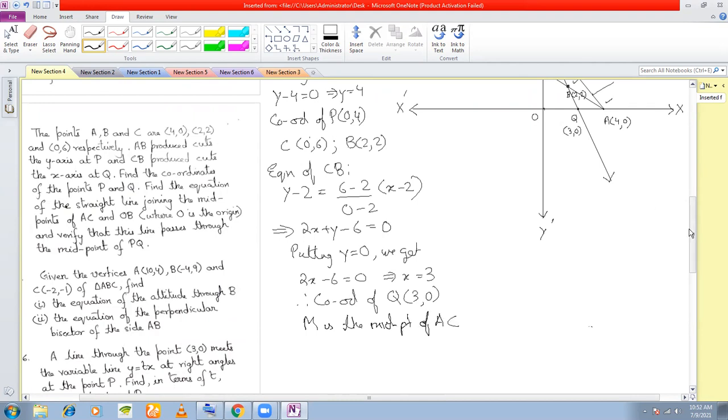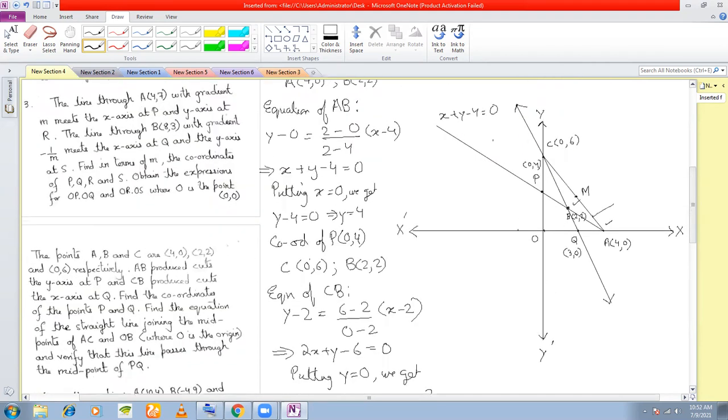So now if you read the question, find the equation of the straight line joining the midpoint of AC and OB. What is the midpoint of OB? Join OB. So the midpoint of OB will be here, right? So midpoint of AC and OB, if we join them, what should be the straight line joining this midpoint?